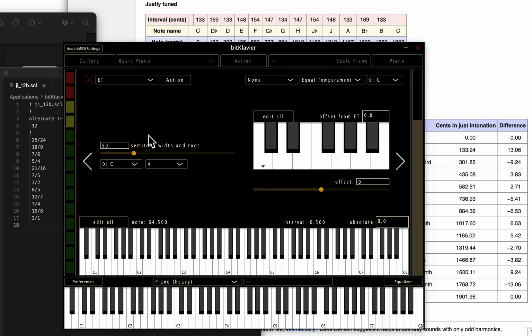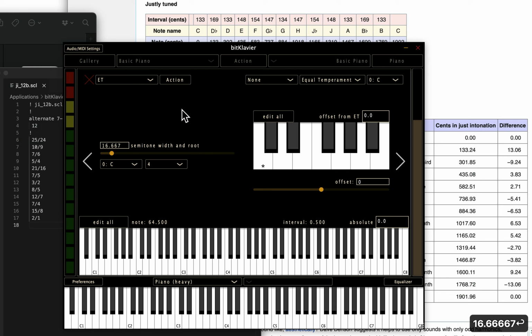So in the last tutorial, we looked at Georg Friedrich Haas's limited approximations. And in that piece, he basically uses what's called 72 EDO, or 72 equal divisions of the octave. So if you do that, you're setting the semitone width to be 16.6667 cents.